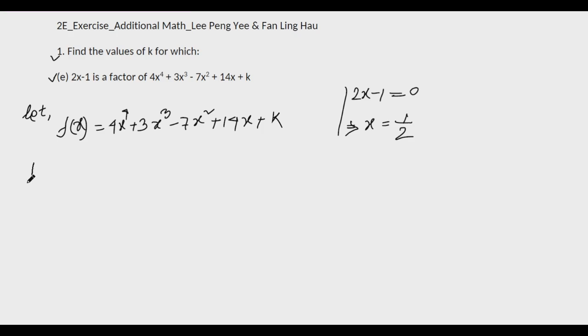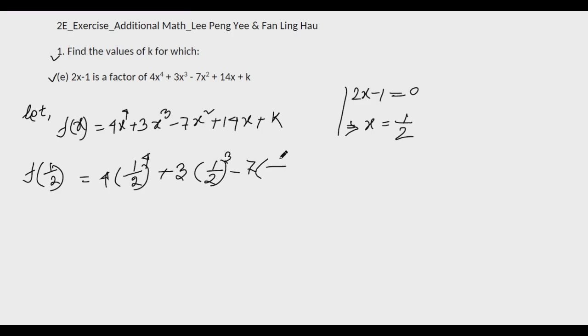So instead of x, if we put 1 over 2, we will get 4 into 1 over 2 to the power 4 plus 3 into 1 over 2 cube minus 7 into 1 over 2 square plus 14 multiplication 1 over 2 plus k.